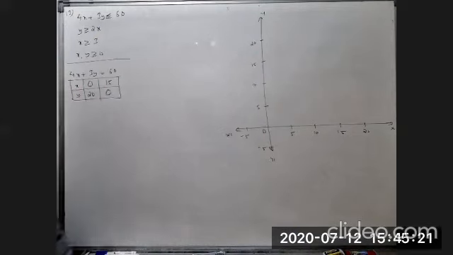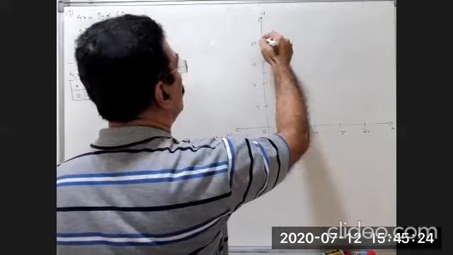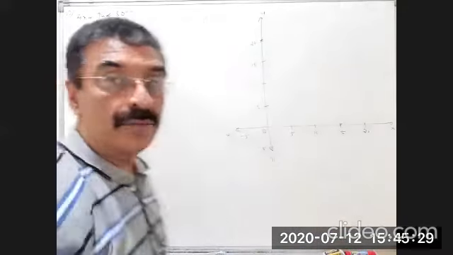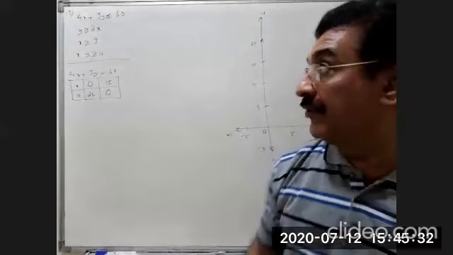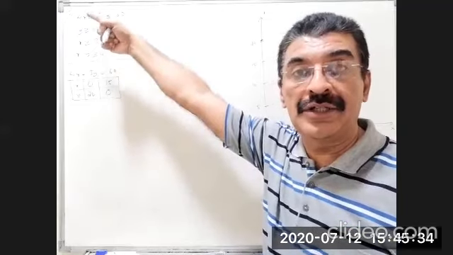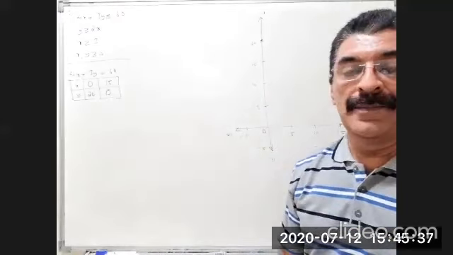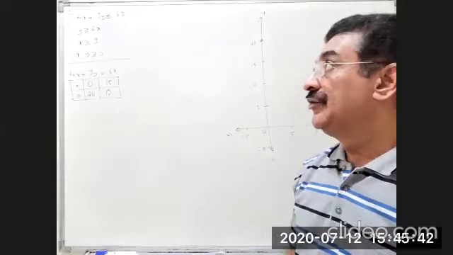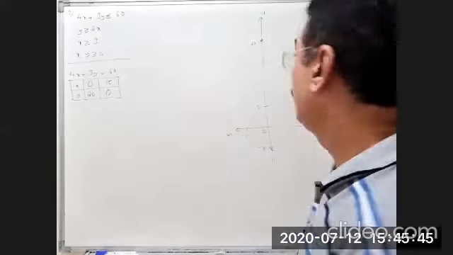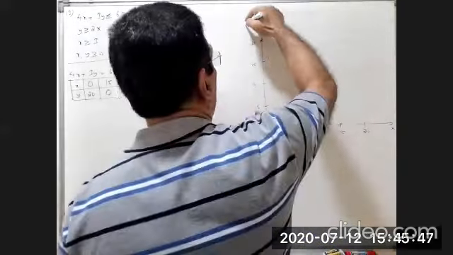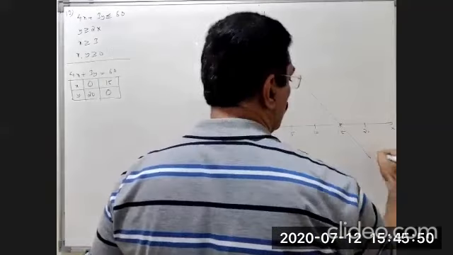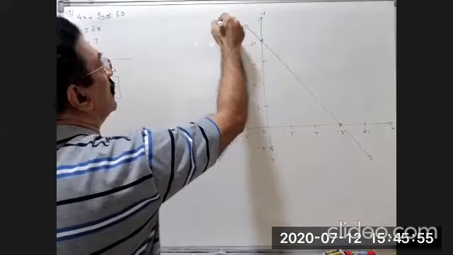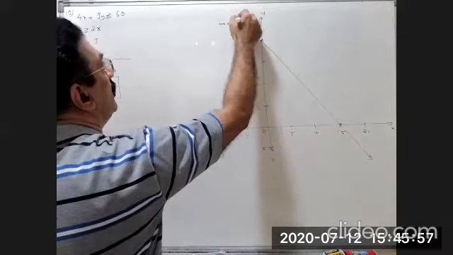So the points are (0, 20) and (15, 0). After plotting the points, check whether it is a strict inequality or a slack inequality, meaning check whether it is less than only or less than or equal to. If it is equal to, then only draw a straight line. So it is equal, so a line passing through these two. This is our equation, 4x plus 3y is 60.